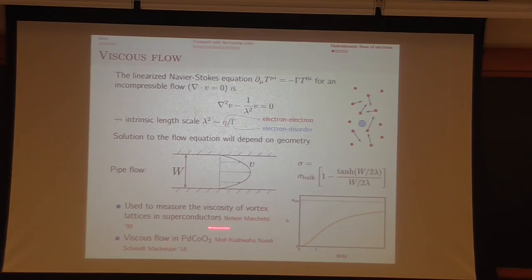And this was used already since the 90s to measure viscosities in, for example, vortex lattices in superconductors and in other materials. And much more recently, an experimental group used this kind of technique to show that they observed a hydrodynamic viscous flow of electrons in the system.